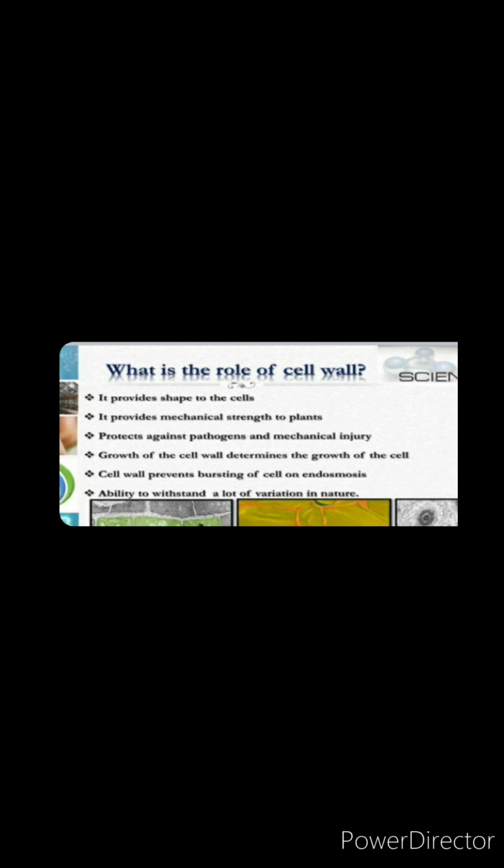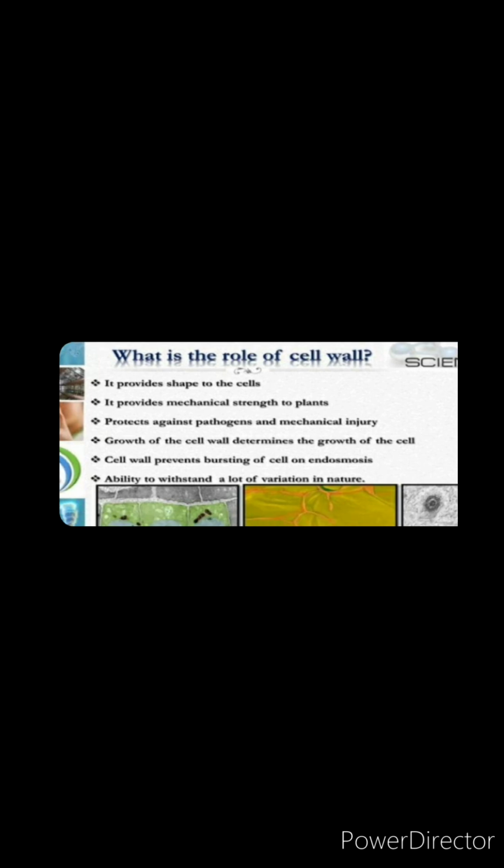Whatever amount of moisture enters the cell has a chance of bursting, and that bursting is prevented by the cell wall as it is strong. It also has the ability to withstand a lot of variation in nature, whether winter, summer or storms, so due to the cell wall, the cells and the plants withstand any adverse environmental condition.